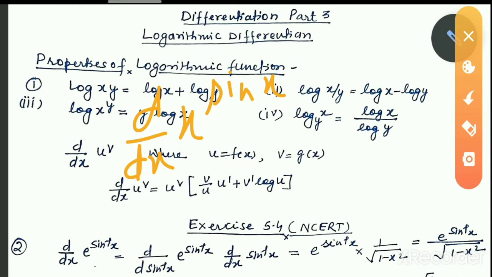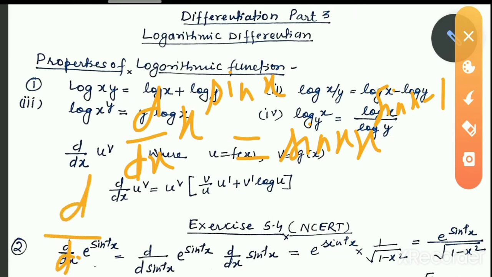Then some student may do this differentiation like sin x times x raised to the power sin x minus 1. Here is one more case. Suppose you want to find the derivative of x raised to the power x. Then some student will write x times x to the power x minus 1.